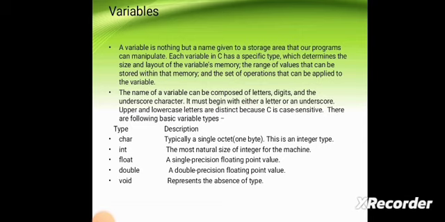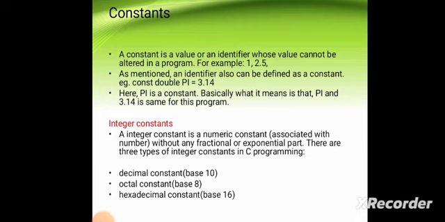A variable holds different values at different times during the execution of the program. A variable name can be chosen only by the user. If we create some program, we may choose any data variable. Each variable has a separate value and it determines the size of the variable. So these are the variables.